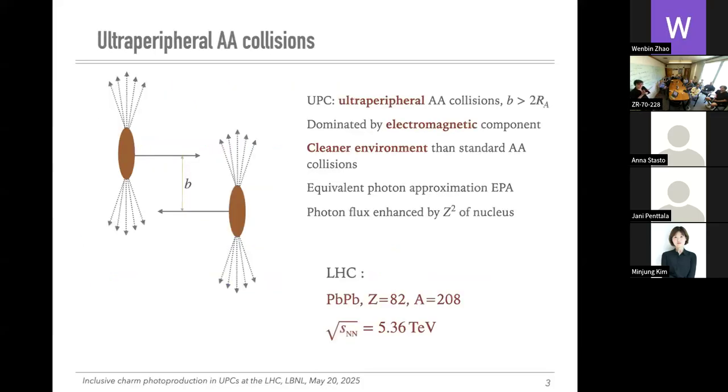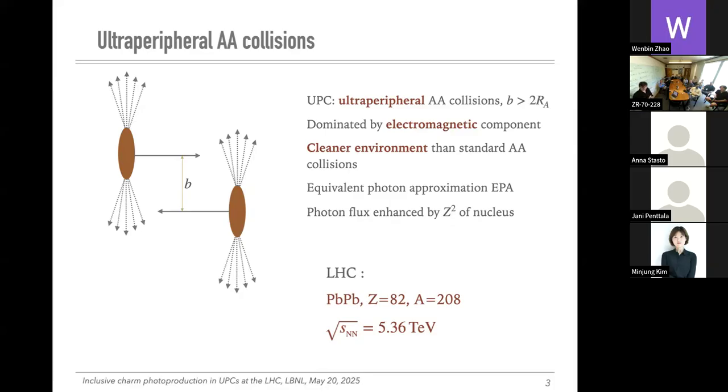So let's start from the UPCs. We are looking at ultraperipheral collisions, with a large impact parameter, larger than two radii of these nuclei, such that the hadronic component is suppressed and the electromagnetic component is enhanced, so at least one of the nuclei emits a photon.